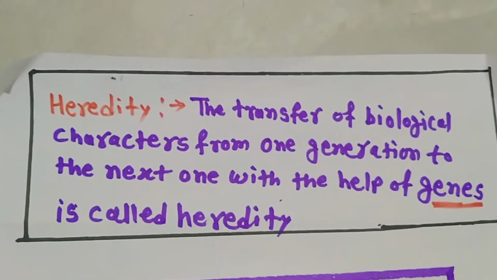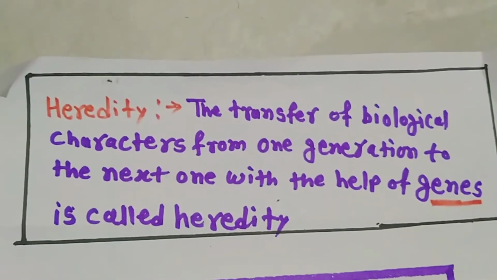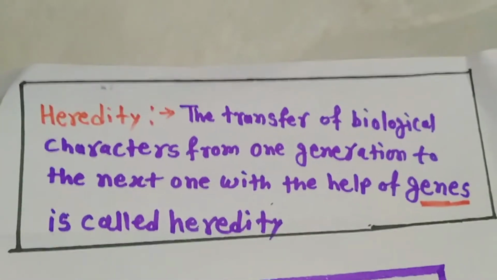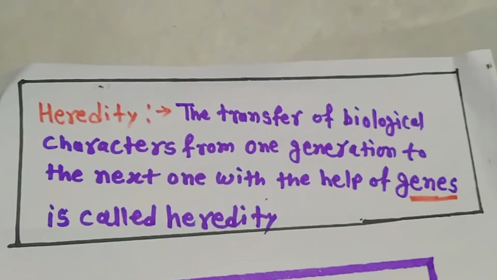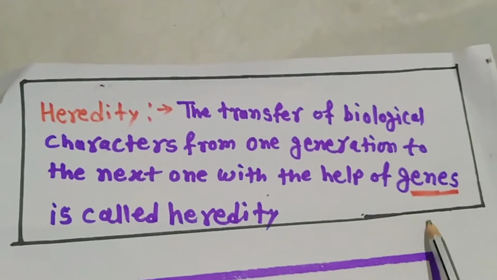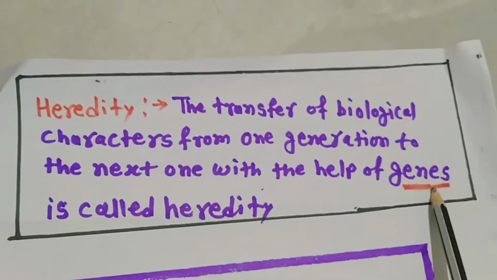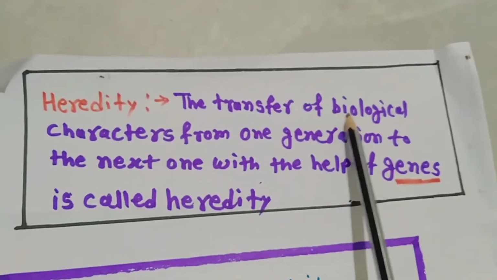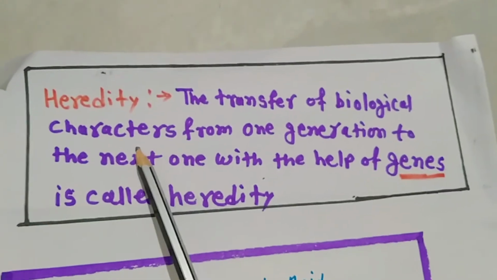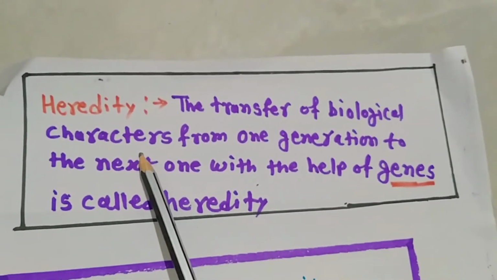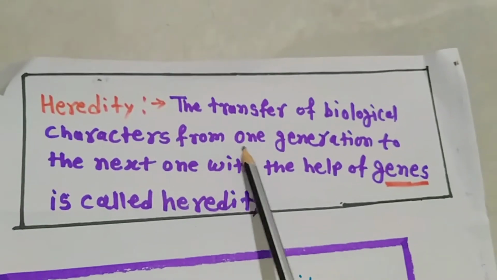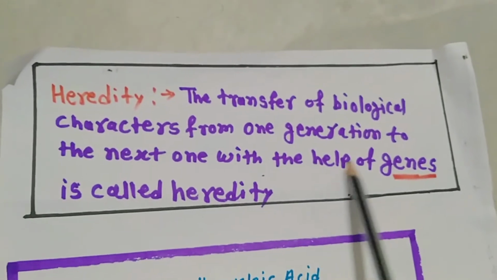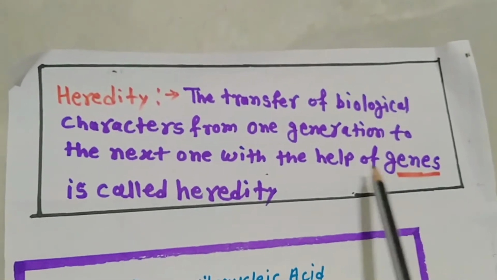Now understand what heredity means. Heredity means the transfer of biological characters from one generation to the next with the help of genes. Very important: the transfer of biological characters from one generation to the next with the help of genes is called heredity.